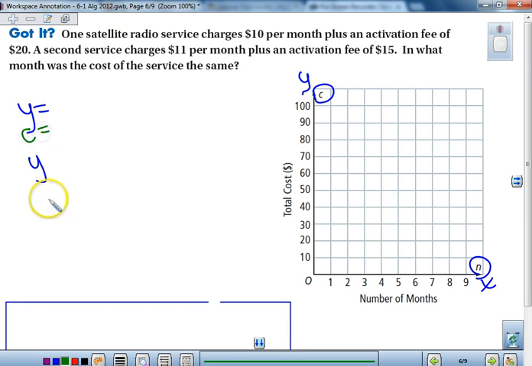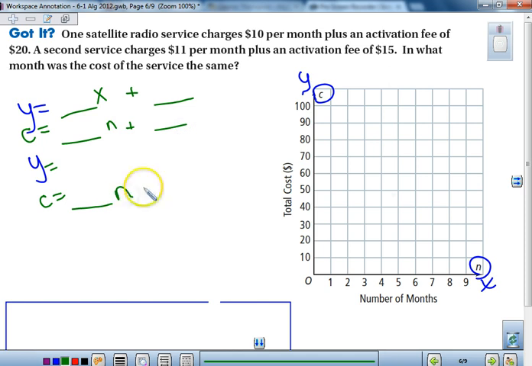So c is equal to what's happening. You should have something with your x, or in this case, n, depending on how you're doing it, and then plus your y-intercept. Again, if you do cost, you're going to have n, the rate of change n, plus the y-intercept.